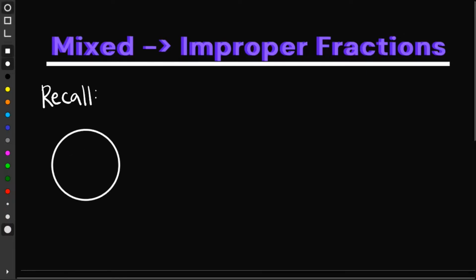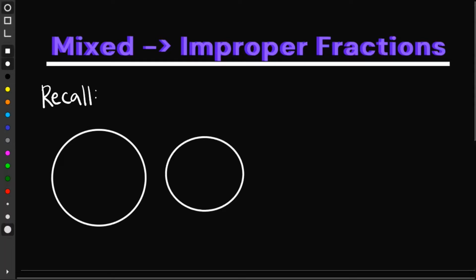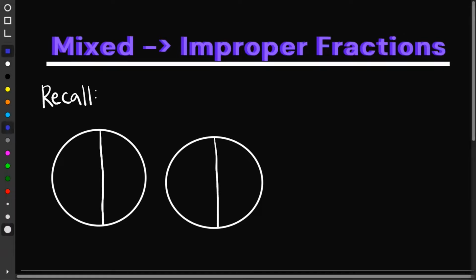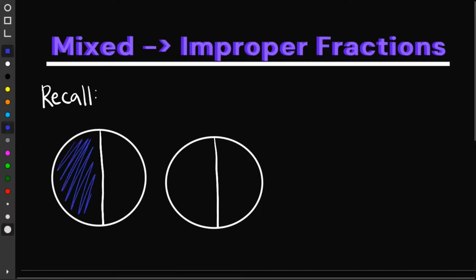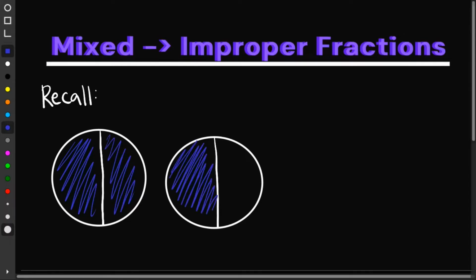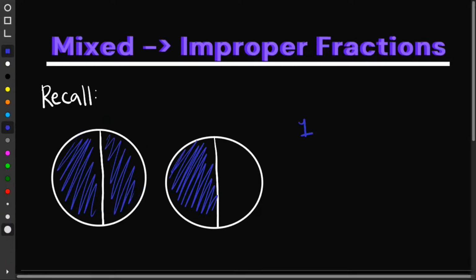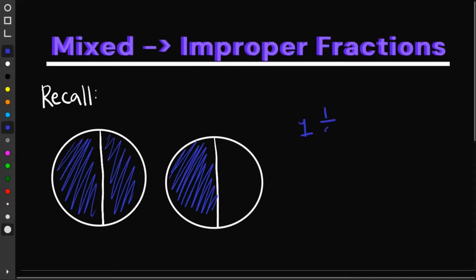So say for example, if we have two wholes and we divide it by 2, so say we shade this part and this part and this part, then we can represent this fraction as 1, since this one is 1 whole, so 1 and 1/2.